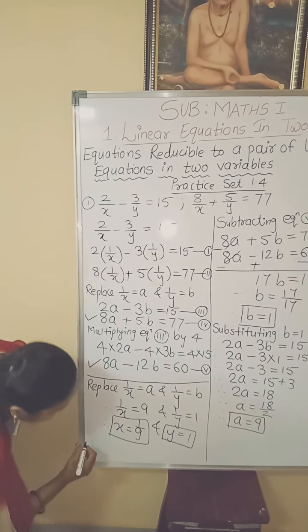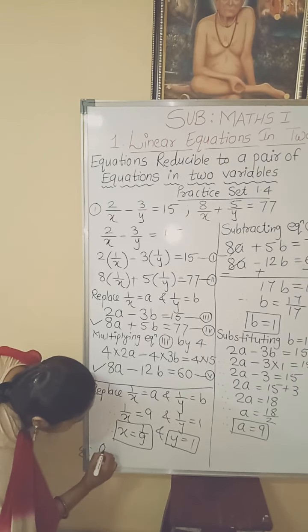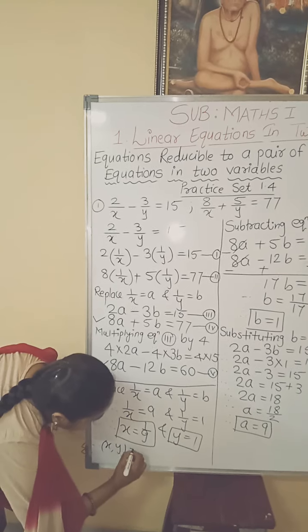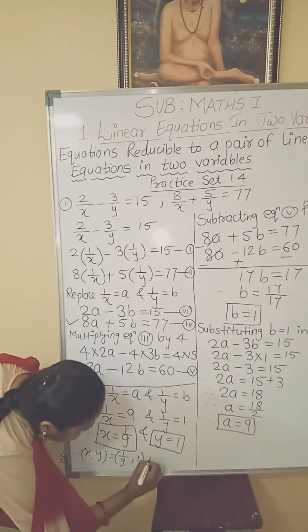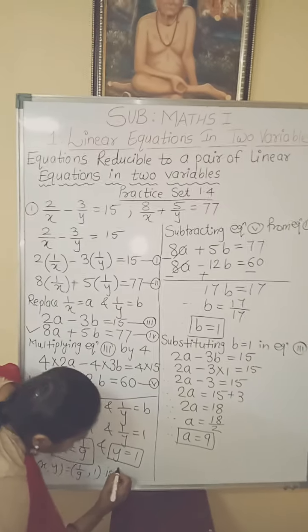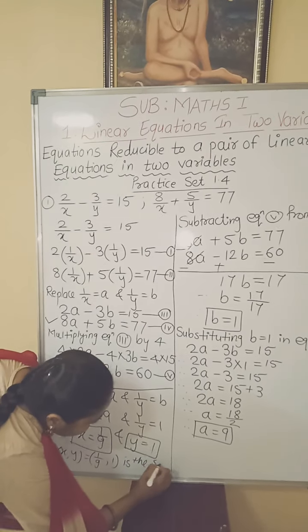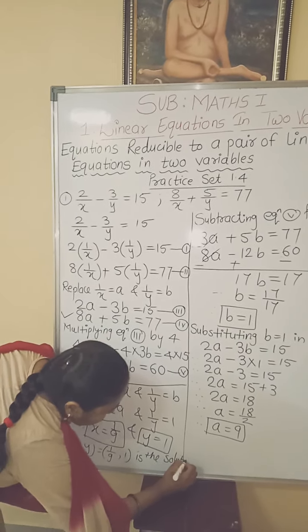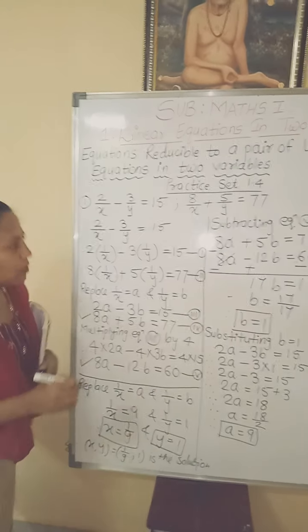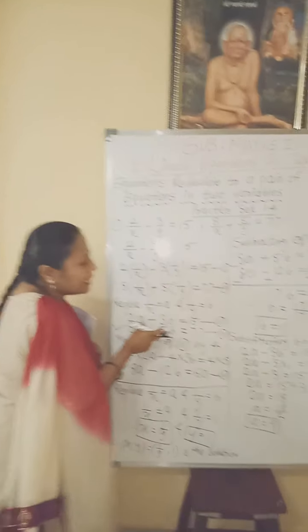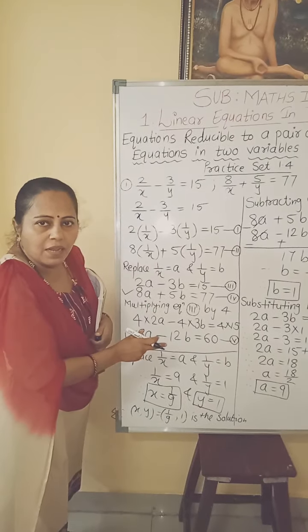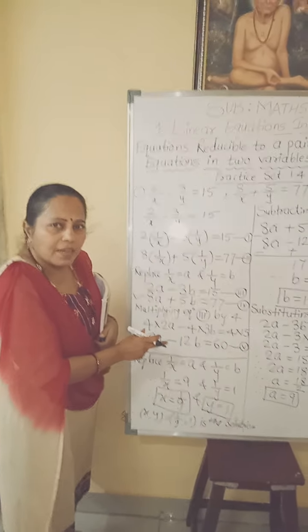We will write the answer: (x, y) equal to (1 upon 9, 1) is the solution. This way we will convert the equations into linear form and then we will solve them. Okay students? Understood?